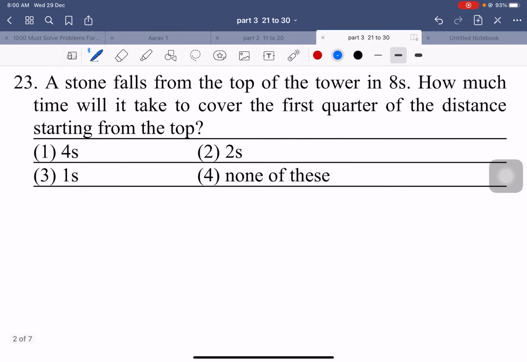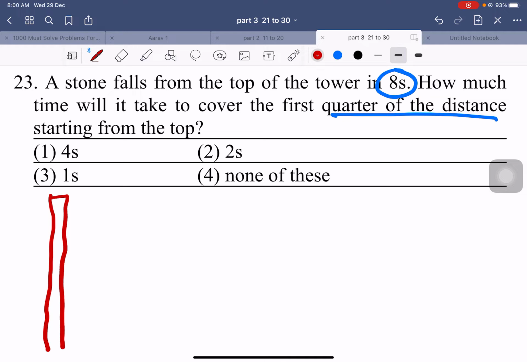A stone falls from the top of the tower in 8 seconds. How much time will it take to cover the first quarter of the distance starting from the top? So let us suppose here there is a tower.